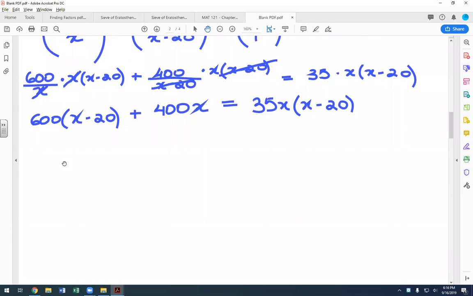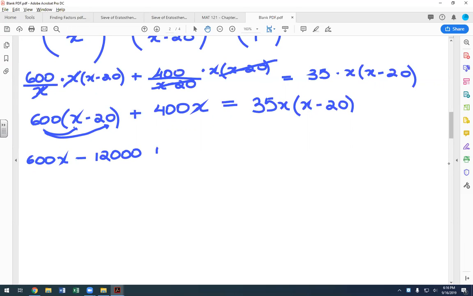And you can see when I multiply, this is where my quadratic x squared will come from. So let's go ahead and multiply these guys out. Of course, we'll need to distribute these. So that will give us 600x minus, what is 600 times 20? 12,000. So 6 times 2 is 12, and then you've got 3 zeros to follow along.